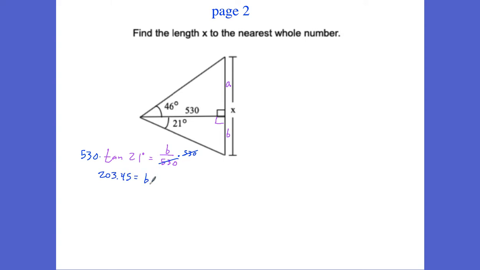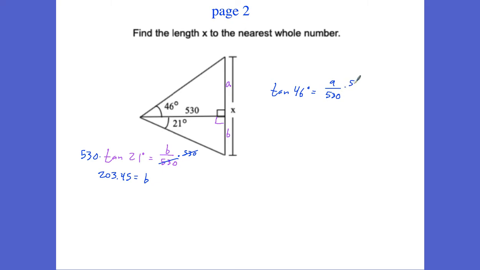And I'm not going to round to the nearest whole number yet because I want to first add B and A together. To find A, I do the same thing, still tangent, but this time tangent of 46 degrees. Tangent of 46 degrees is equal to A over 530.